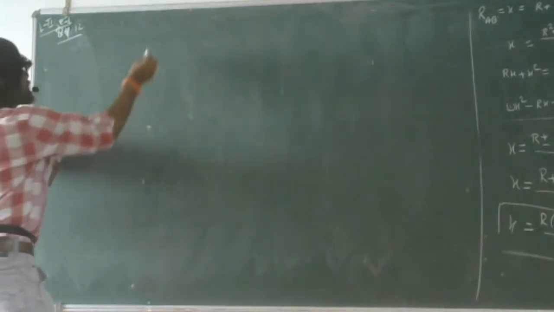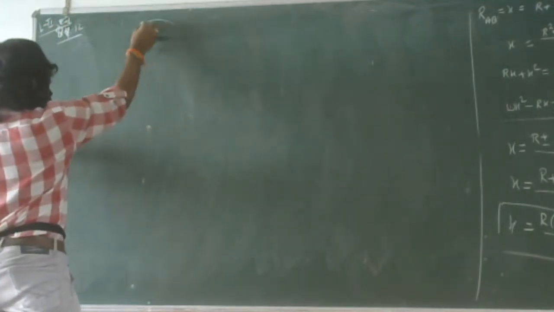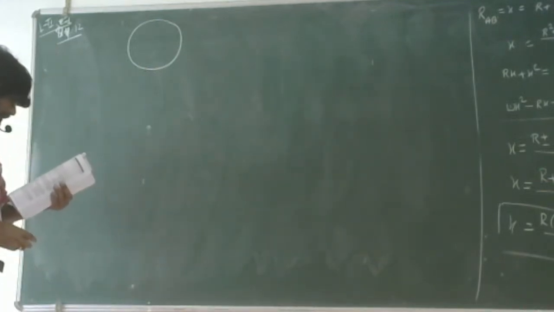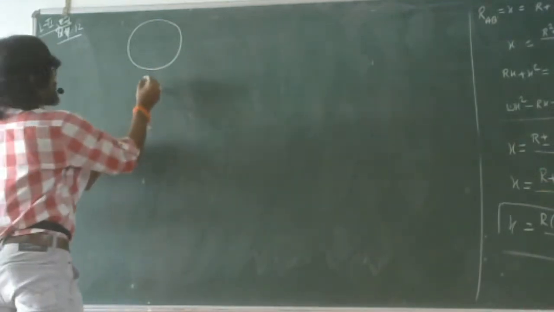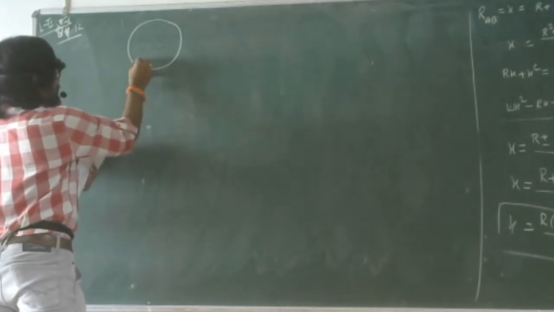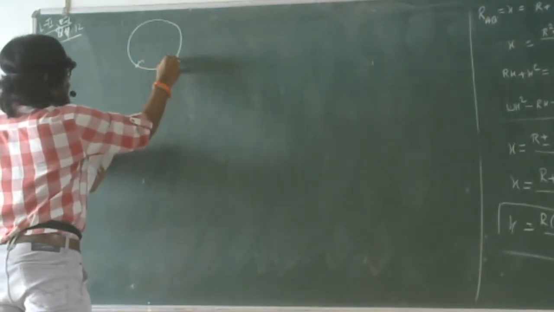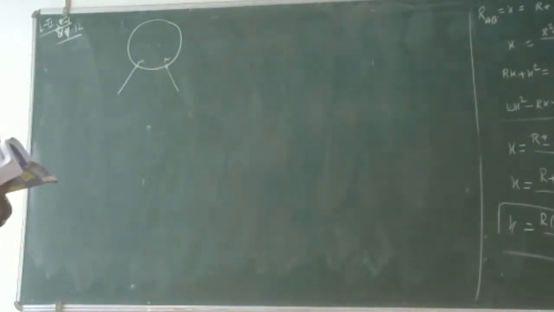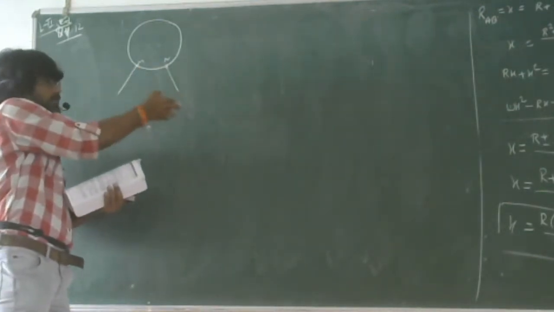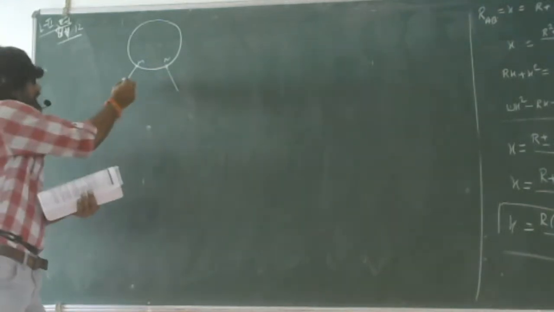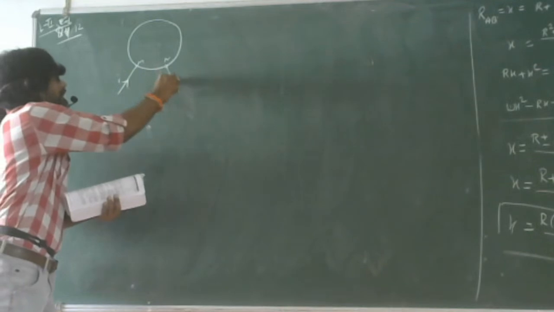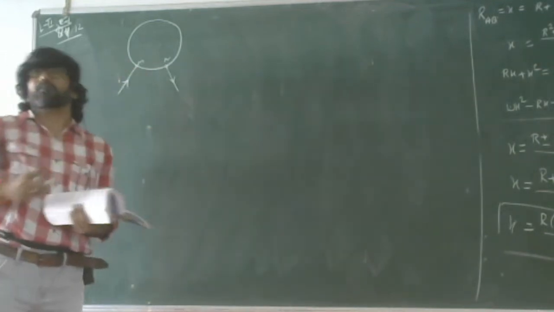We have a wire bent in the form of a circle, with point M marked here and point N here. Connections are given to two wires from these points, so that the current enters here and leaves from the other lead.